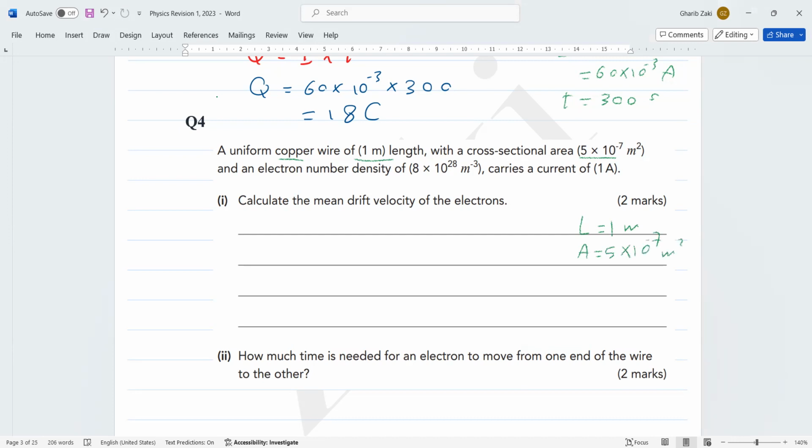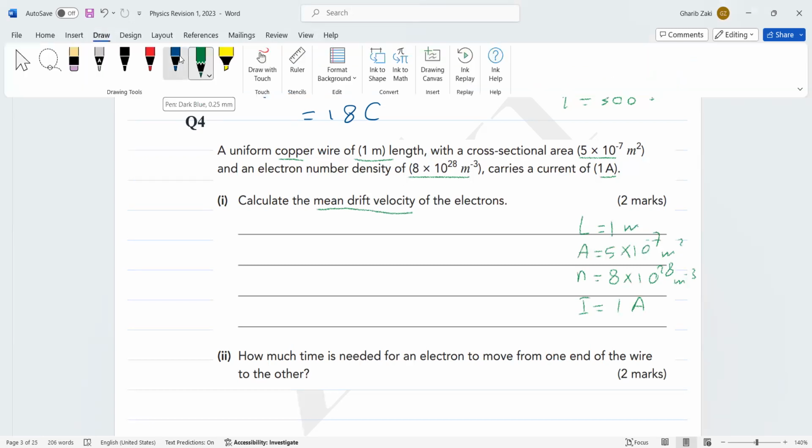And the electron number density, this is small n, the number of free electrons per meter cubed, which is 8 multiplied by 10 to the power 28 per meter cubed. It carries a current of 1 ampere. So I is 1 ampere. Calculate the mean drift velocity. We say the mean because it's millions of electrons.